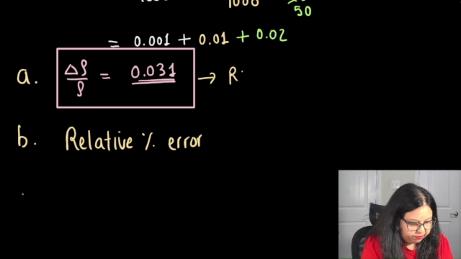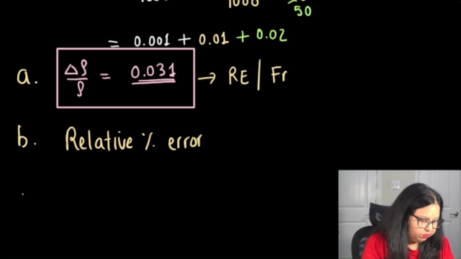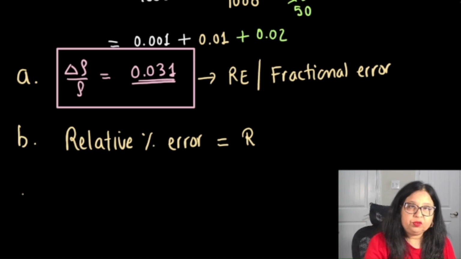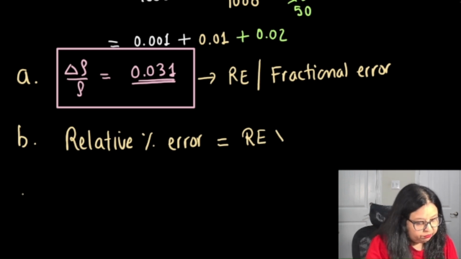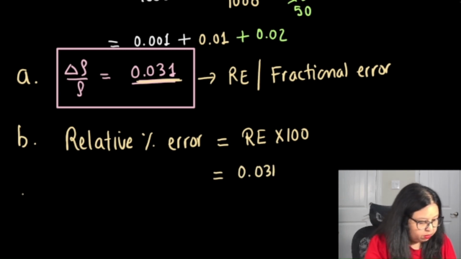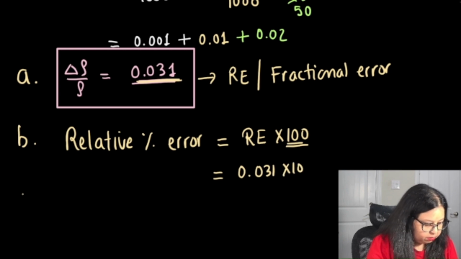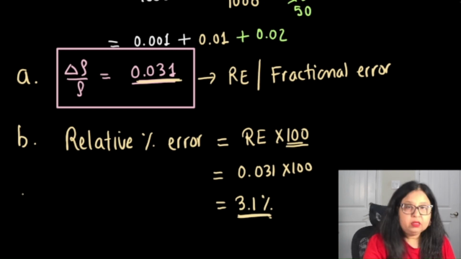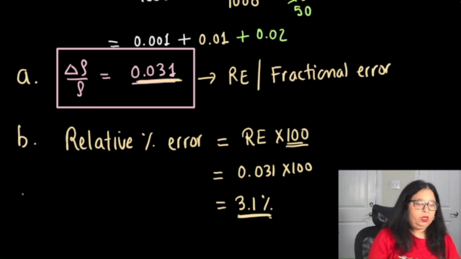So this is our relative error, also called fractional error. And just like in the previous problem, relative percentage error, also called fractional percentage error, equals relative error times 100. So that gives us 0.031, just picking it up from here, times 100 gives us 3.1%. This is our answer for part B.